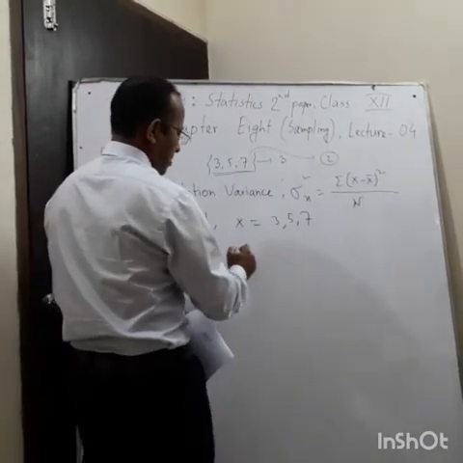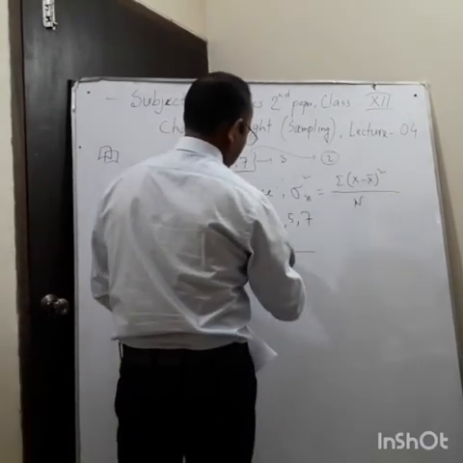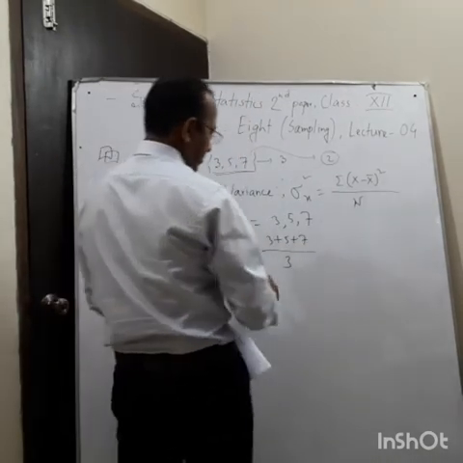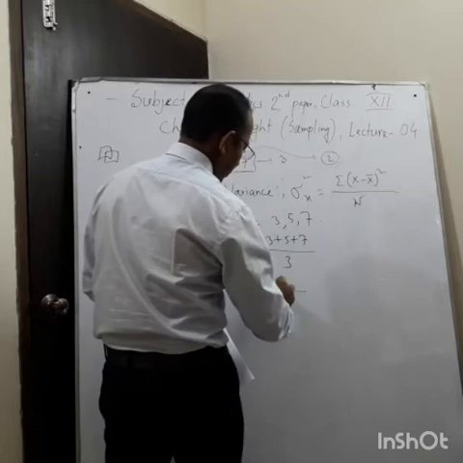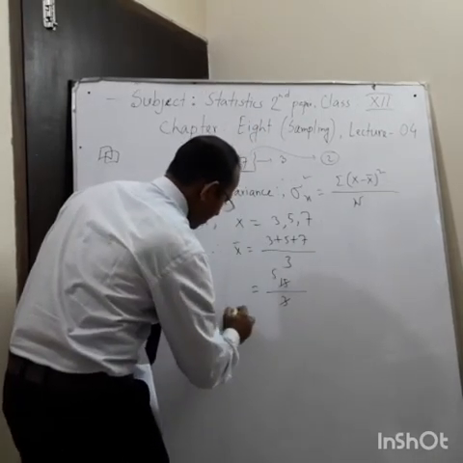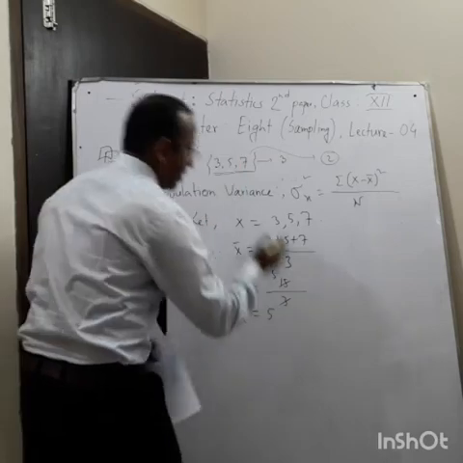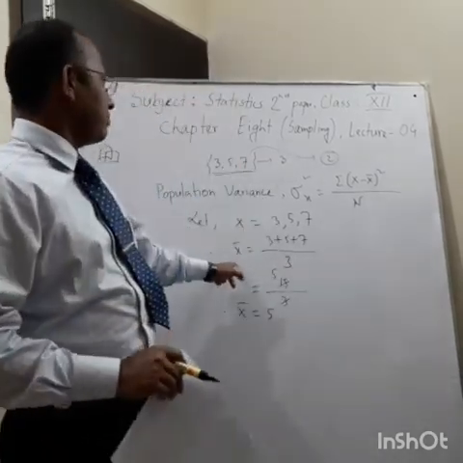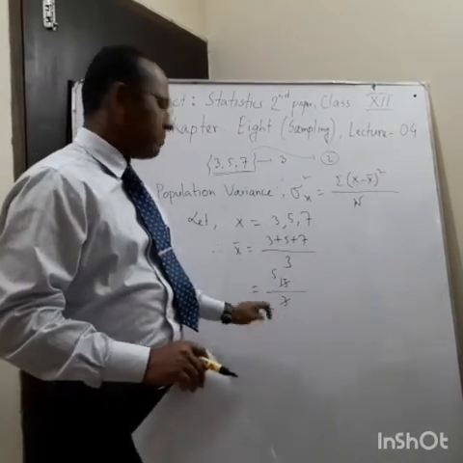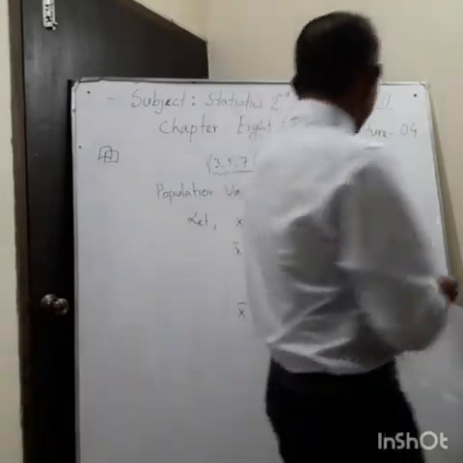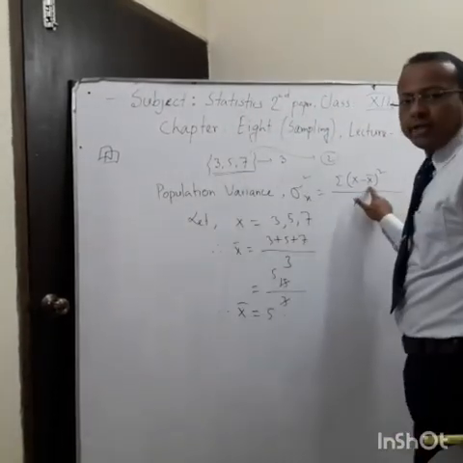So x bar equals (3 plus 5 plus 7) divided by 3, that means 15 by 3, so x bar equals 5. So we get the population mean is 5. Now we get the value of x bar is 5.